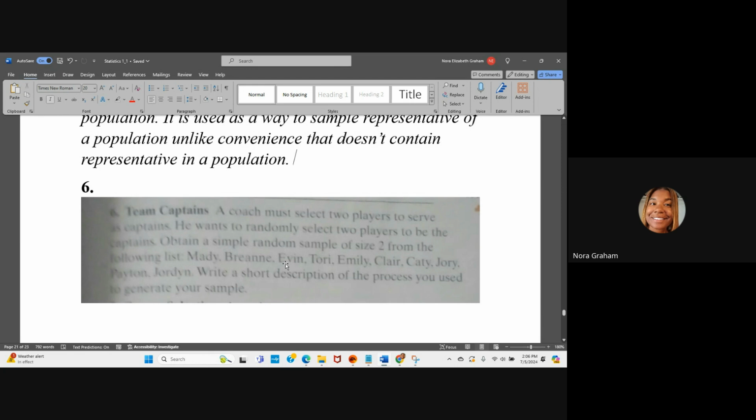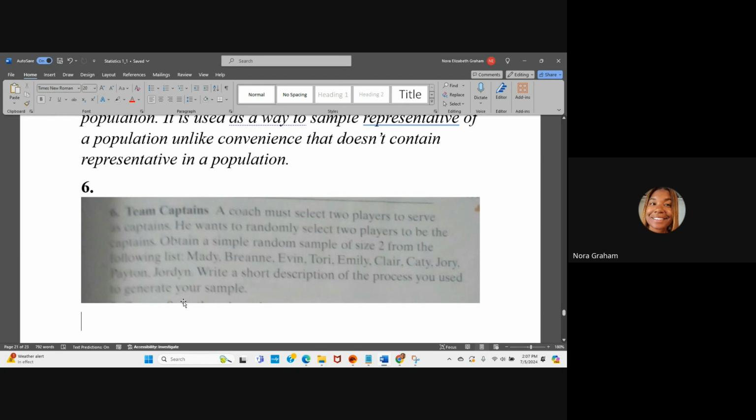It names all their names. I believe there's 10 people, and we have to select 2 captains. Write a short description of the process you use to generate your sample.